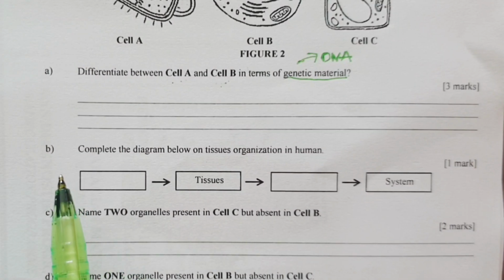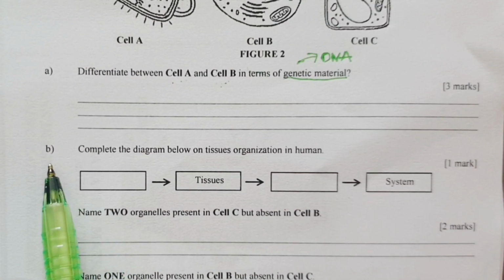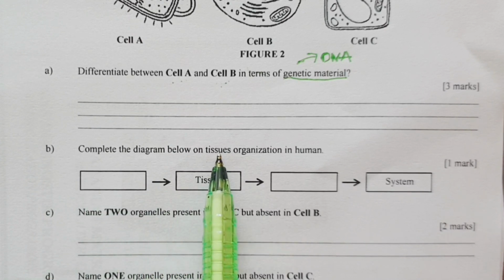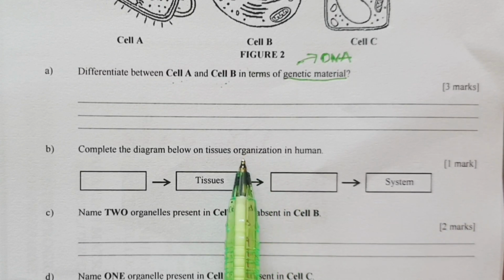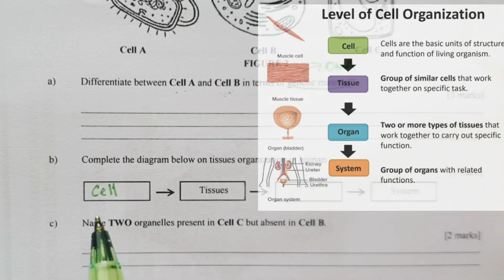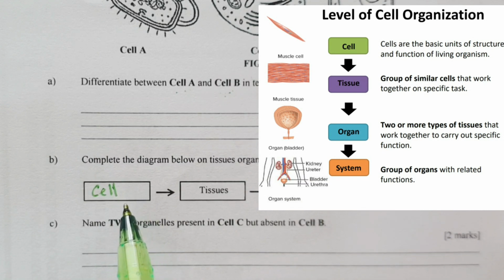Next, question B. So for this question, kebanyakan student boleh jawab. So in terms of tissue organization in human, organization maksudnya macam mana cell can be grouped together and perform a specific function and will be known as tissue.